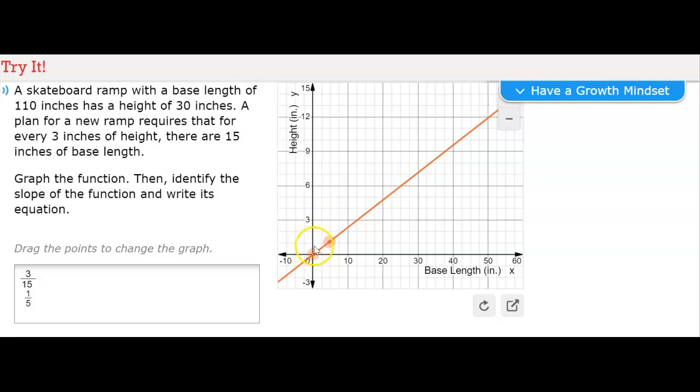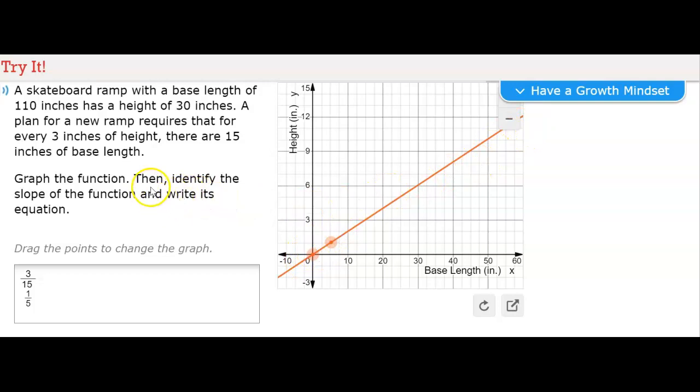So up 1 and then over 5. So that 5 will be about there. All right, so now we have our line anyway.